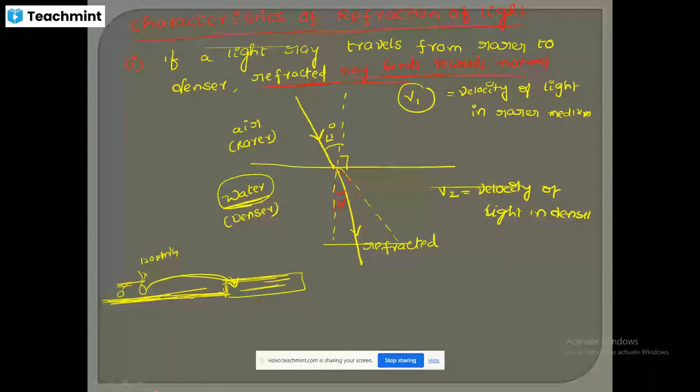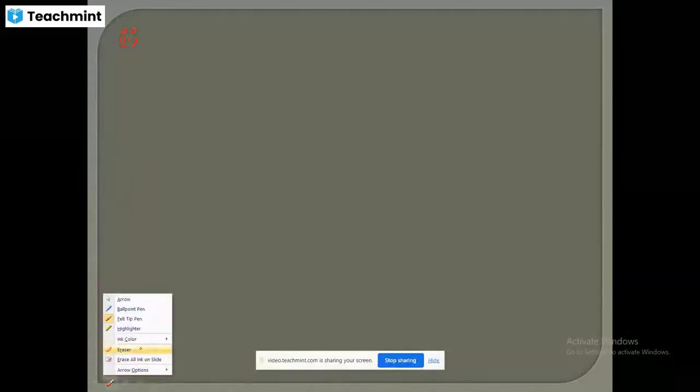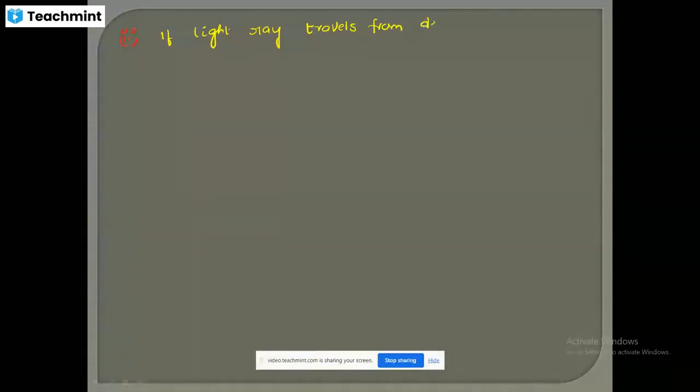Okay. The second one is the reverse. Reverse means if a light ray travels from denser to rarer. So your light is coming from the denser medium into the rarer medium.